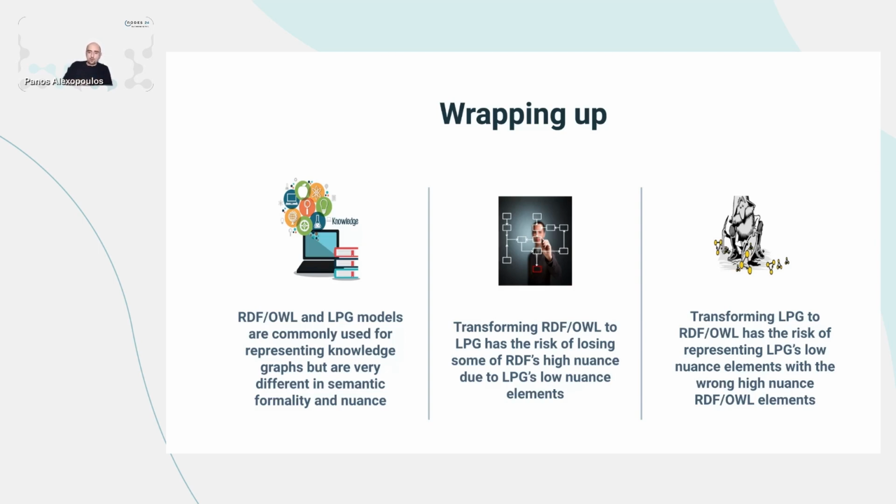Transforming an RDF-OWL model to an LPG has the risk of losing some of RDF's high nuance due to the LPG's low nuance elements. And vice versa, transforming an LPG to RDF-OWL has the risk of representing the LPG's low nuance elements with the wrong high nuance RDF-OWL elements. So we need to be careful on both sides, depending on what is our use case.